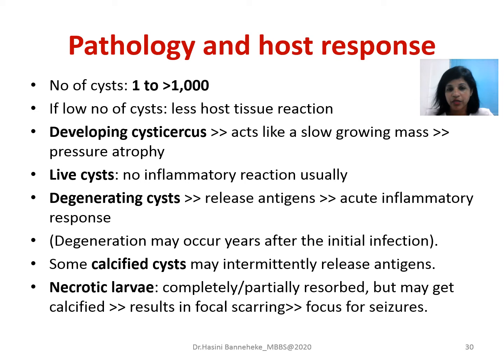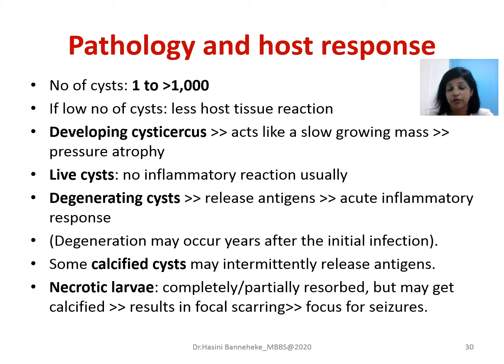This developing cysticerci acts like a slow growing mass, so it can cause pressure atrophy in tissues wherever they are located. And live cysts generally cause very little or no inflammatory reaction, so they stay in the tissues but do not cause much problem to the host.